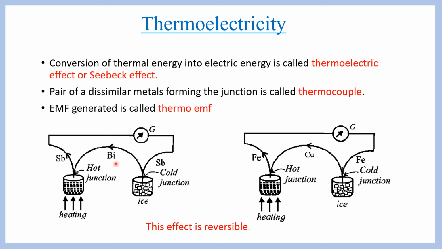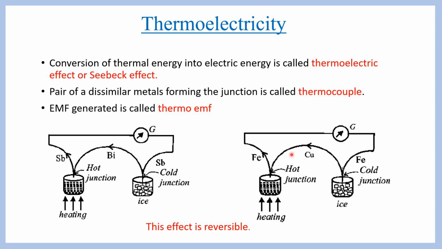Now here in the diagram you can see there is a thermocouple formed by two metals, that is antimony and bismuth. We are getting two junctions, and this is called an antimony bismuth thermocouple. And the current direction, you can see it is from antimony to bismuth at the cold junction. In order to remember this, you can just remember ABC, from antimony to bismuth at the cold junction.